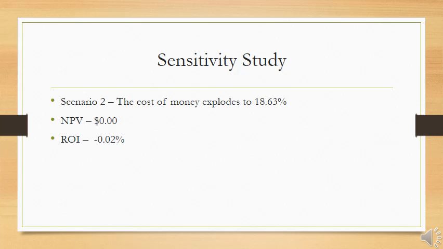Okay, the second sensitivity study. What if the cost of money explodes to 18.63%? In this instance, we don't want to make the investment. However, the probability of this is very low, and we can avoid this by having our financial analysts look at the likelihood of that in the next 6 years.